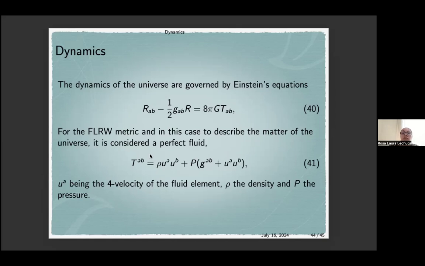And the perfect fluid is written with this expression, maybe you studied previously. And this U is the four-velocity of the fluid, and rho is the density, while P is the pressure.